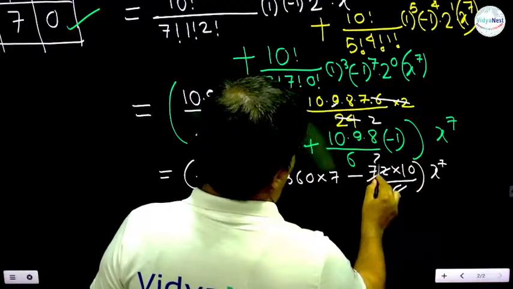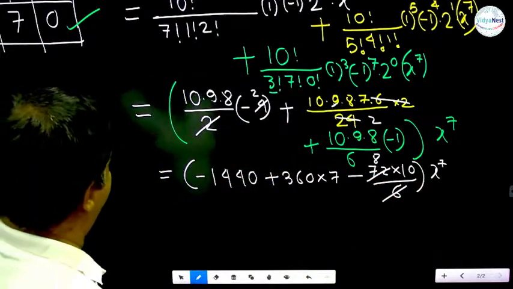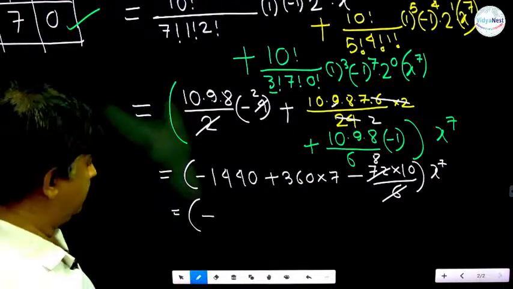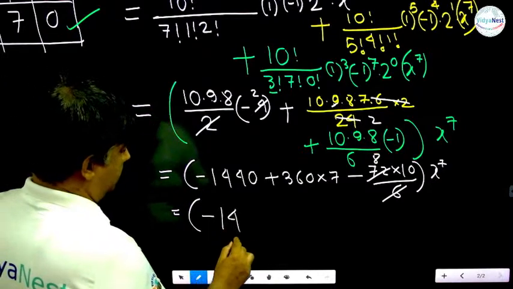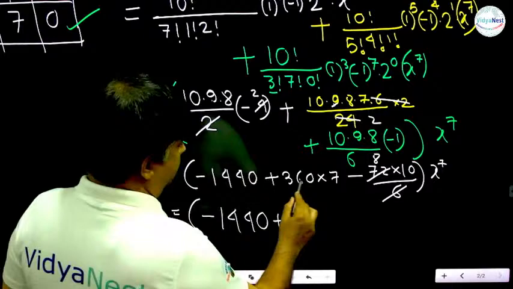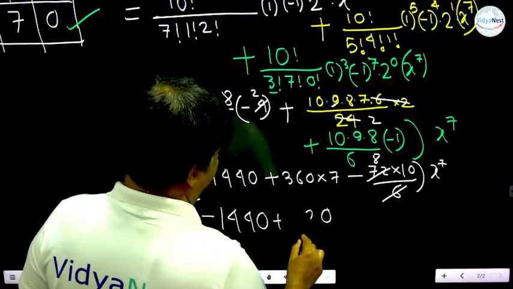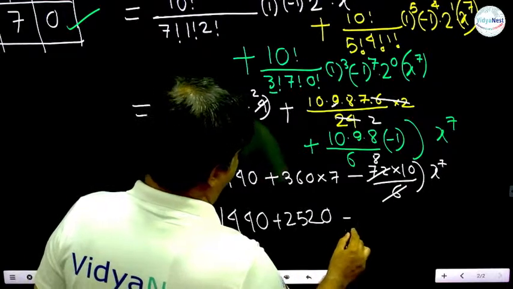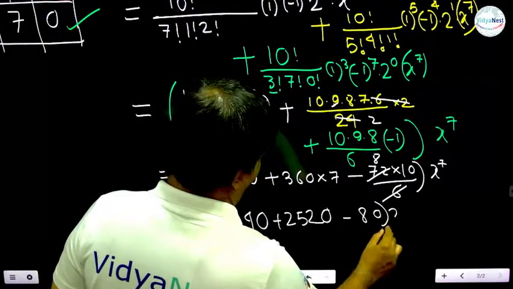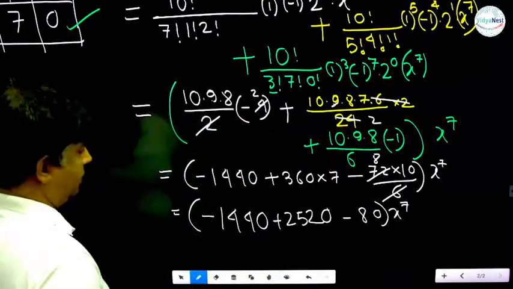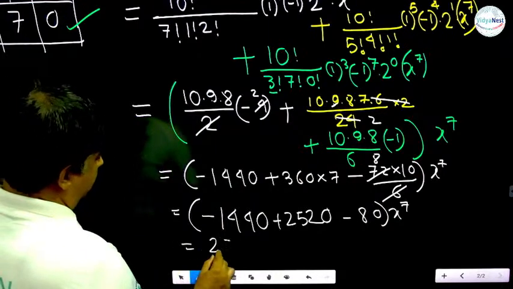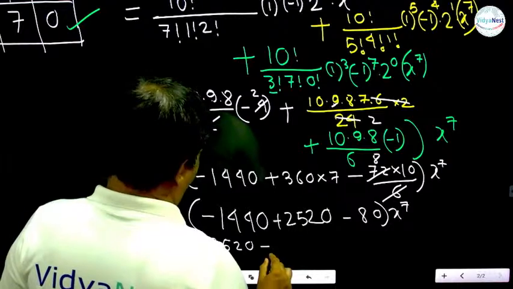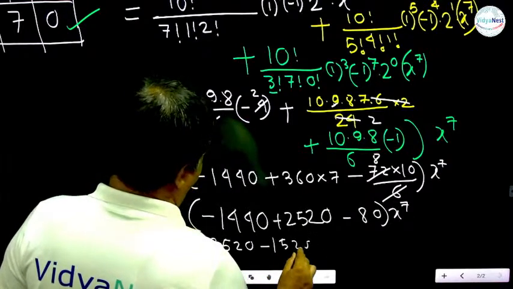So the main hurdle we have crossed. Okay. 80. So 2520 minus 1520.